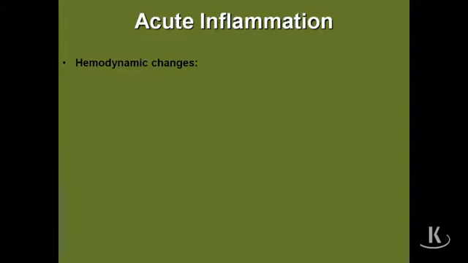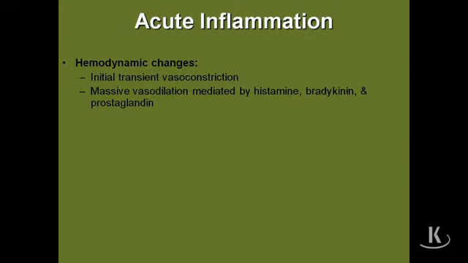And acute inflammation, as we just mentioned in the previous slide, is hemodynamic changes. So initially you're going to get a transient vasoconstriction because there are mediators like thromboxane A2 and the leukotrienes that are released that are vasoconstrictors. But it's a transient vasoconstriction because you essentially need to have the vasodilatation. And that's going to be mediated, as I mentioned previously, by histamine, bradykinin, prostaglandins, as well as, not mentioned on the slide, serotonin.